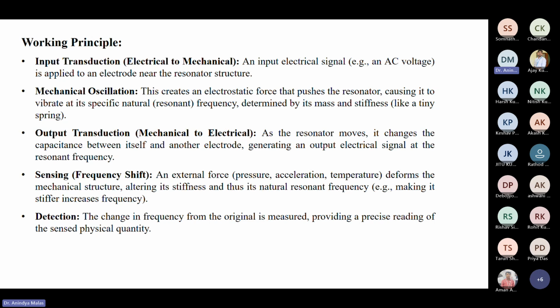When you apply pressure on that cantilever beam, the stiffness of the beam will change, and as a result, the natural frequency of the system will change. So the oscillation frequency also changes. As a result, the capacitance also changes. So that change will help to measure the pressure.